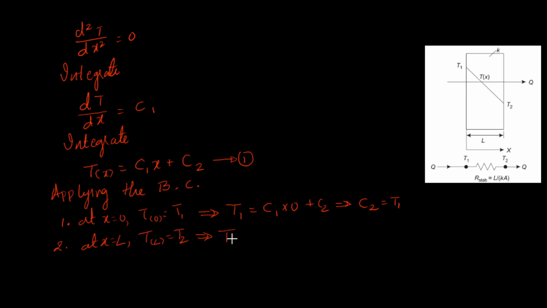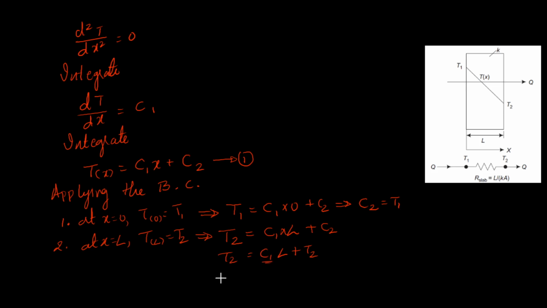Now I'll substitute that in equation number 1. So temperature is T2 here, that will be equal to C1 into L plus C2. I know that C2 is T1, so I can write T2 will be equal to C1 L plus T1.